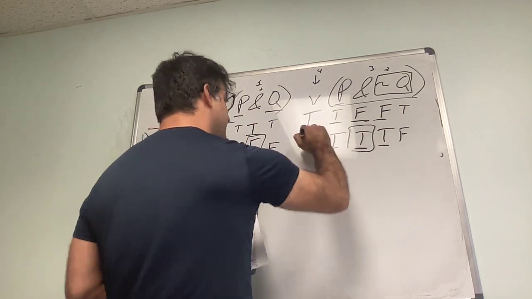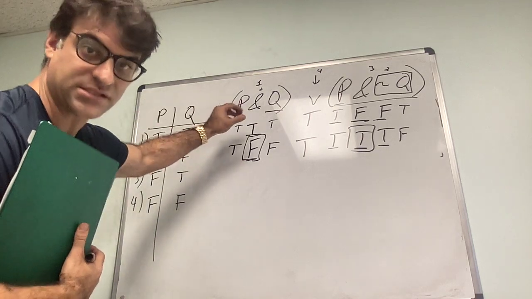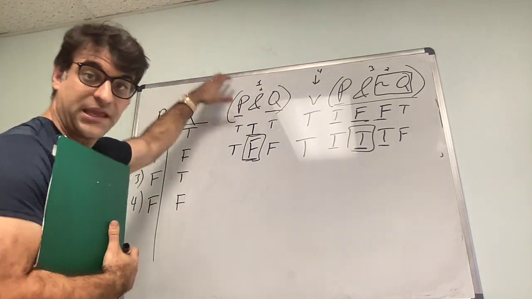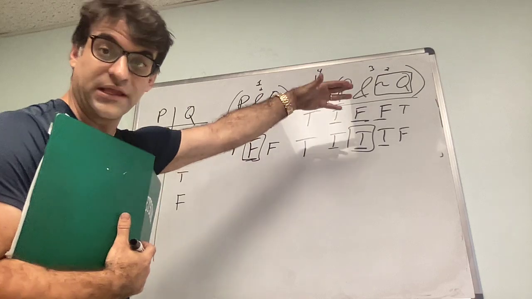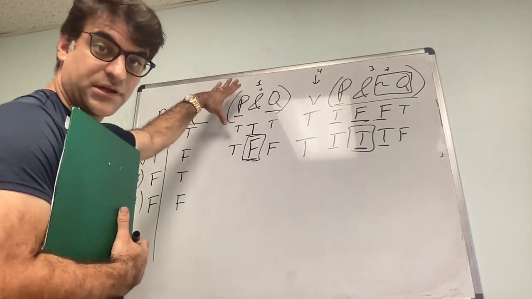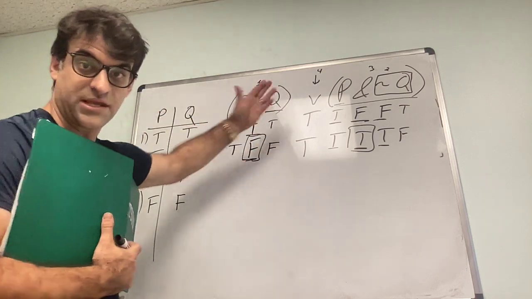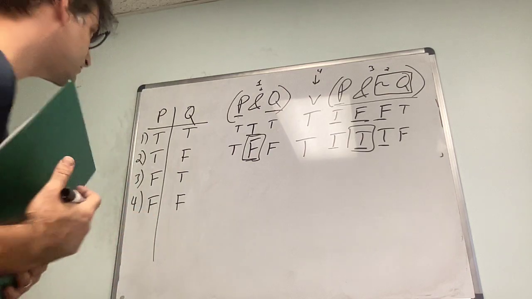One of them is true, so the whole OR statement is true. And if you look at the larger statement, this should make sense. The larger statement says either P and Q are both true, or P and not Q are both true, right? And so it sort of says either way P is true. So when P is true, this whole statement's going to turn out to be true.